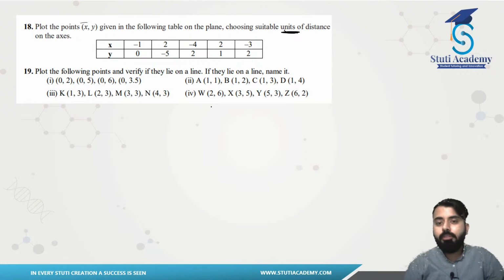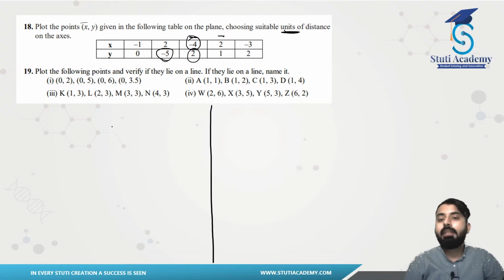So a graph paper will be looking like this while you're doing it on your graph paper. You guys see, I can see the maximum value of x is positive 2 and minimum is negative 4. While in the case of y, maximum value is 2 and minimum value is negative 5. So my graph should be looking like this.